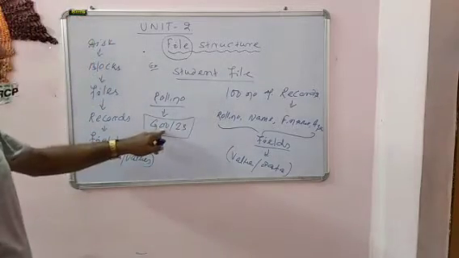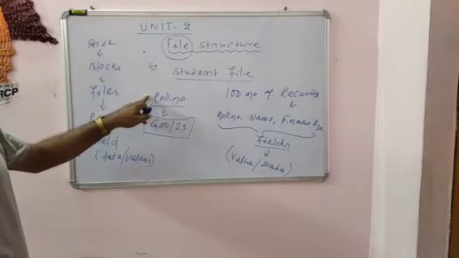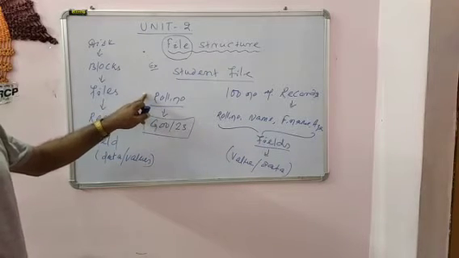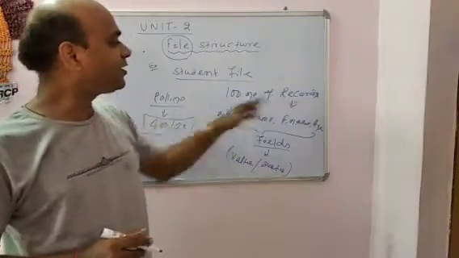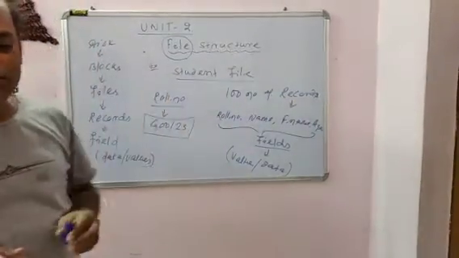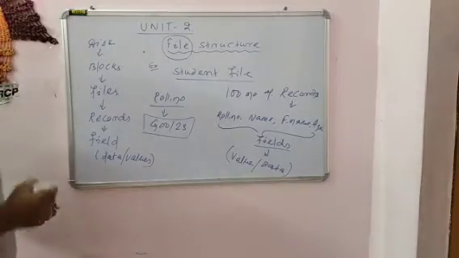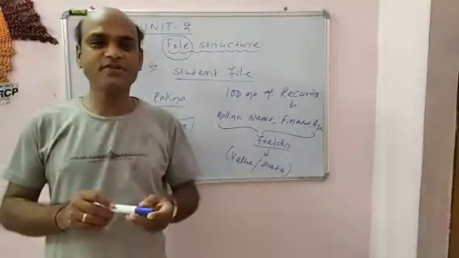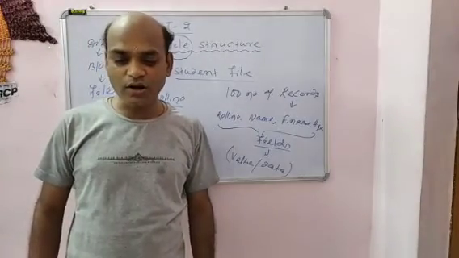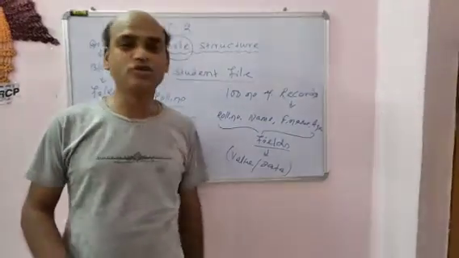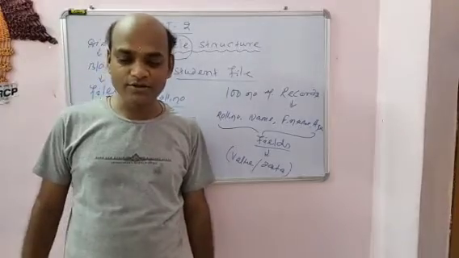So this value is stored in the roll number field, and the roll number field is stored in the student record, and similar records are stored in a database. So in this way, we are storing the database values in the secondary storage device. So this is all about our database file structure.